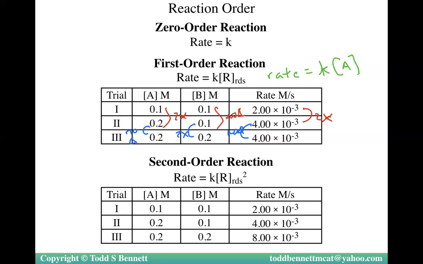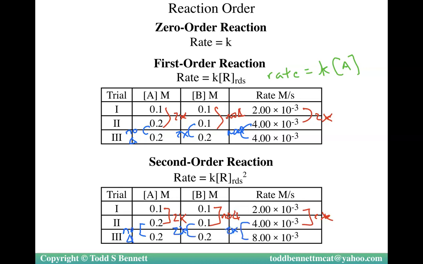But let's look at this. The same story as before. This rate, 2 times, no change, and 2 times, just like before. But this time, this one, no change, 2 times, and this time, this is 2 times.